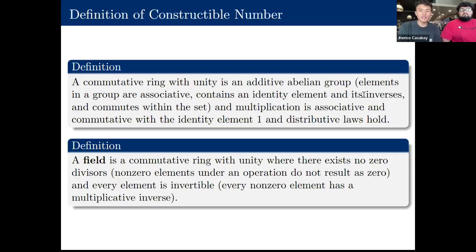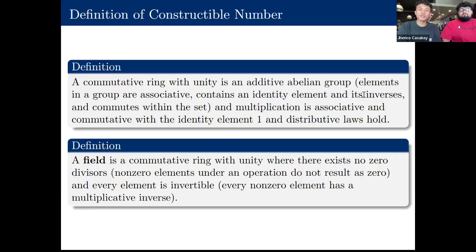They contain the identity element and its inverses for each element, and it commutes within the set. That's where the abelian part comes into play. A commutative ring with unity also is when the operation multiplication is associative and commutative, with the identity element being the traditional one, and the distributive laws hold.